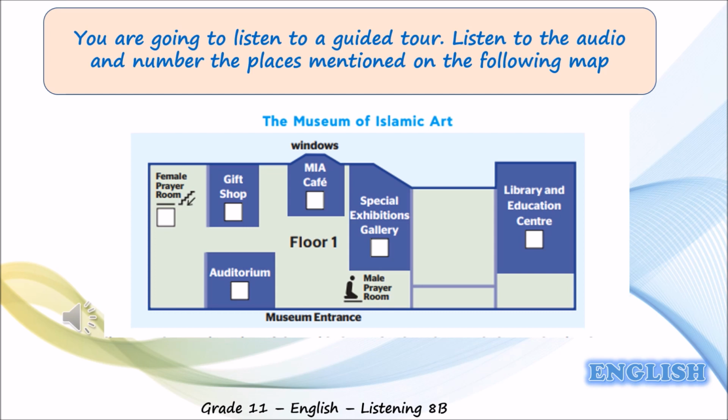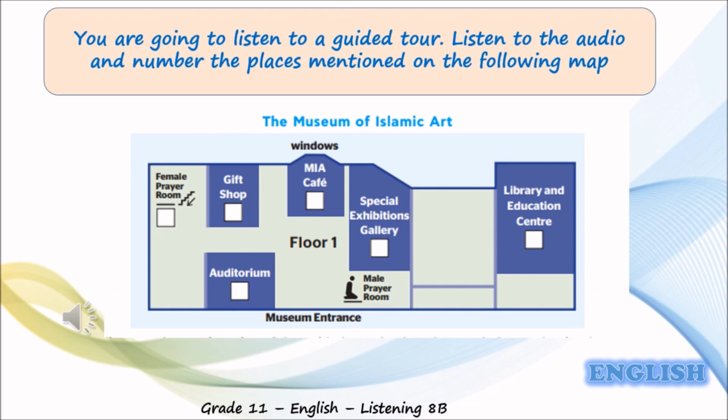That's where we are heading now, the auditorium, which is used not only for film viewings, but also for talks, lectures, and even poetry recitals. Opposite the auditorium is the gift shop. There are plenty of souvenirs available, including some beautifully designed items inspired by some of the pieces on display in the museum.